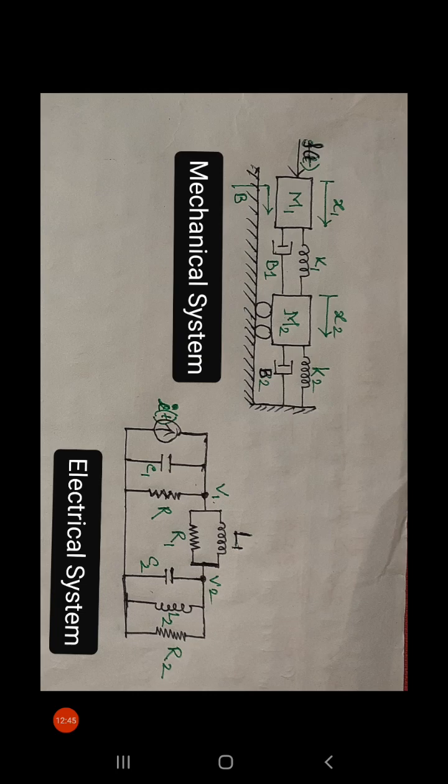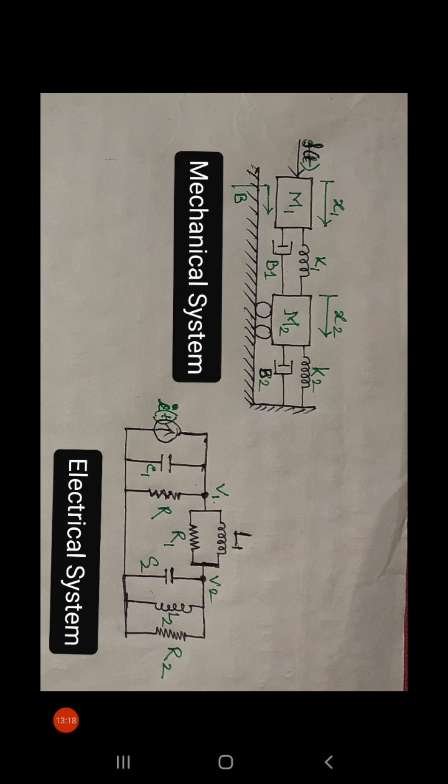Now come to the second mass, M2. M2 is itself represented with a capacitance, so I can take a capacitance and give it the name C2 because this is related to M2. After that, we have two elements only related to this mass M2, that is, only related to node V2.